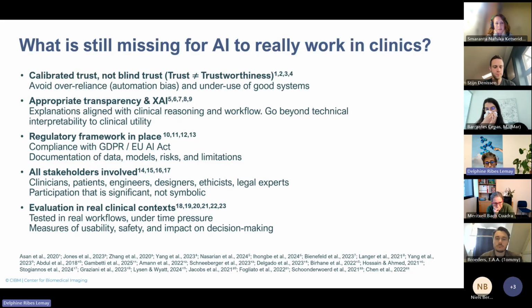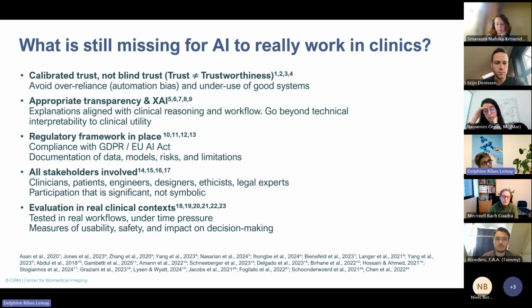We should not go completely blind, so clinicians must neither rely on AI uncritically, nor ignore the system because they think it is not useful. We need to find an appropriate balance between when it's good and when it's not good.